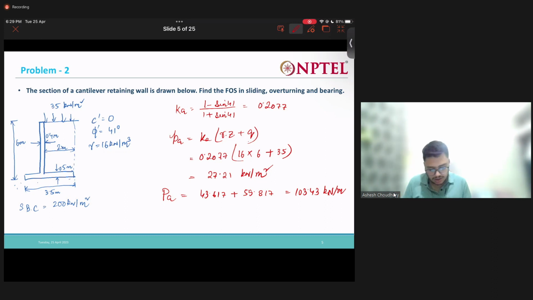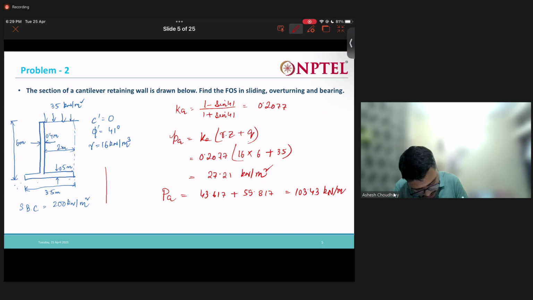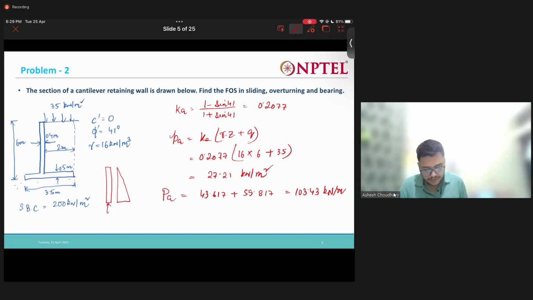Let us just draw this one. So I will just minimize this and draw here, right? So you have this part and also you have this part. This value is nothing but K into Q, 0.2077 into Q, nothing but 7.27 kilonewton per meter square, and this value is nothing but 0.2077 into 16 into 6, which is 19.94 kilonewton per meter square.